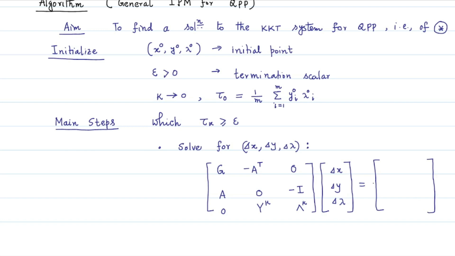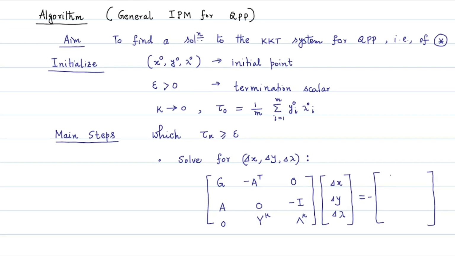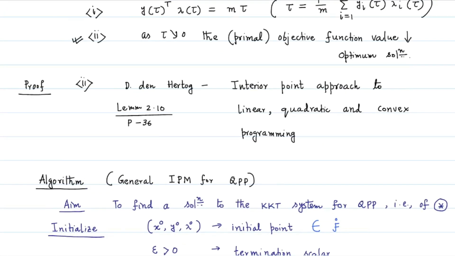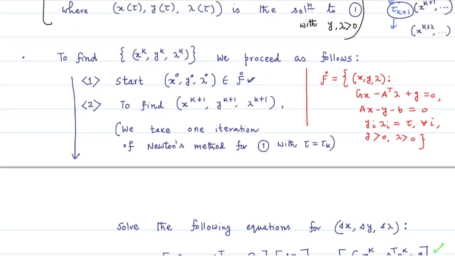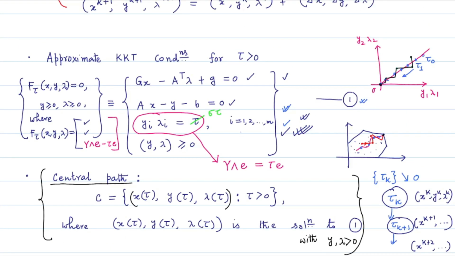This system, but before writing this right hand side, I would like to speak a few words here. We notice that the initial point, obviously we choose from the set F naught, and F naught is the set of points that are in capital F. By capital F we mean this feasible set here, and this capital F is given by all these equations and inequations, deleting this approximate complementary slackness condition.